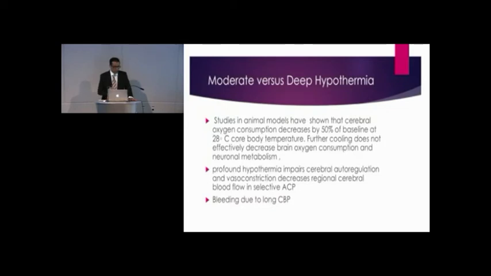Bleeding, they also think, is less with moderate, and that's true. But the major effect on bleeding is not the hypothermia. I think it's the long bypass, because 2 studies showed that longer bypass can cause more coagulopathy than hypothermia. But of course, when you go deeper, you are going to use a longer cardiopulmonary bypass time.